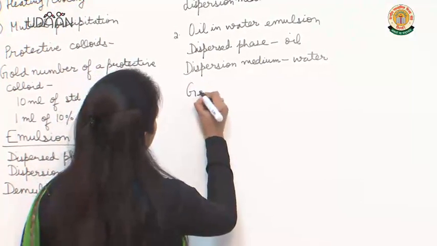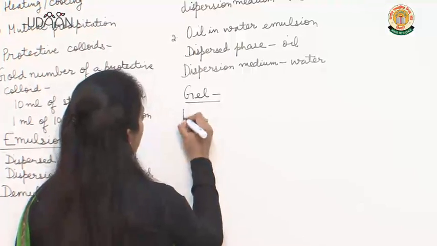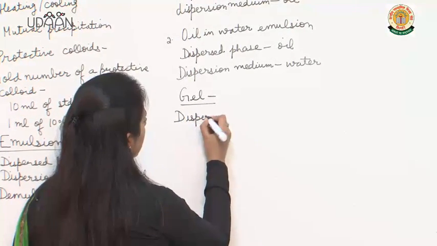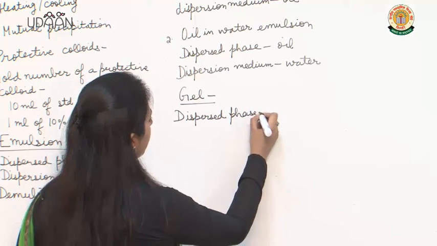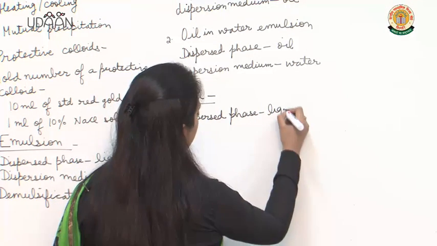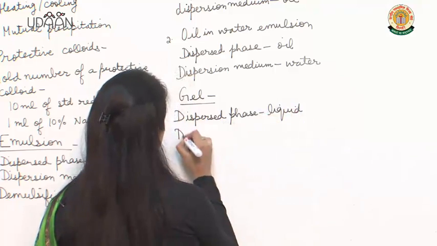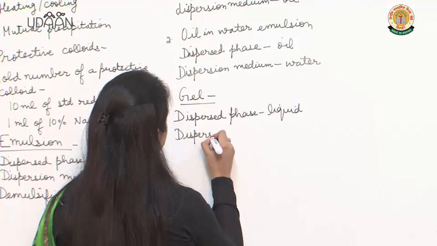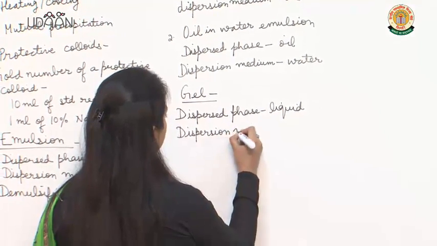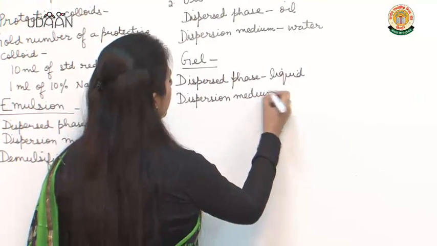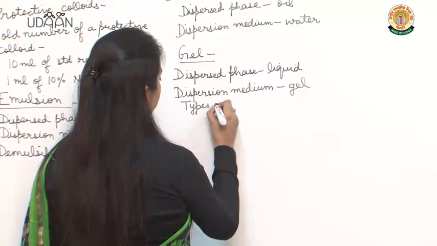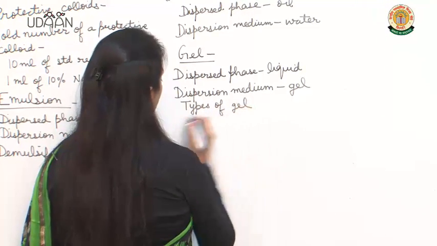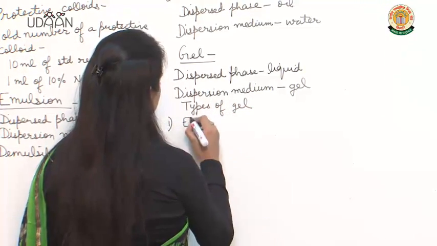Now what is a gel? When the dispersed phase is liquid and the dispersion medium is solid, a gel is formed. Now there are two types of gels. One is elastic gel.